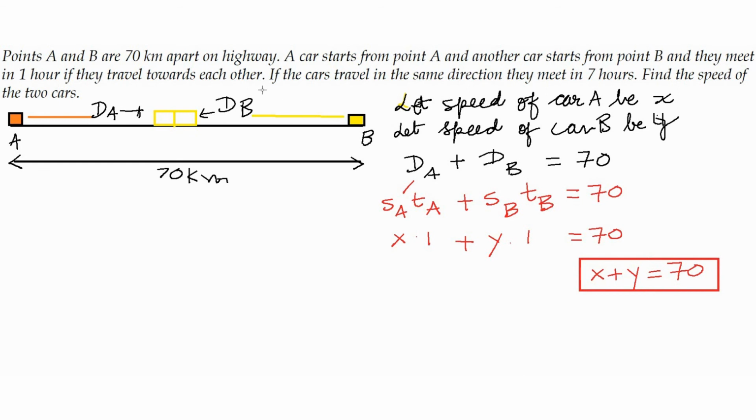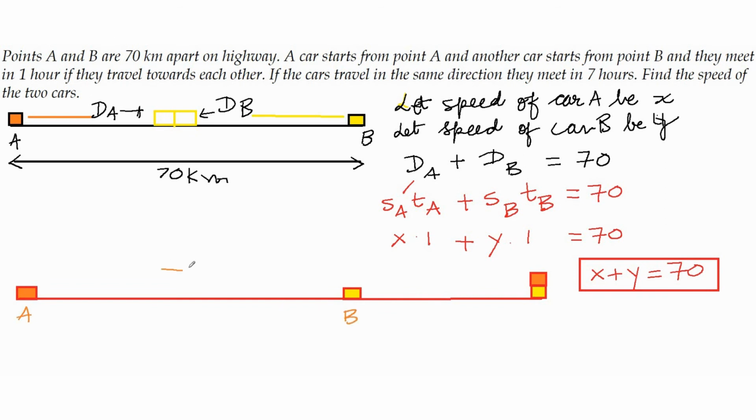Now, let us look at the second condition that is given. Suppose the cars travel in the same direction. So let me draw a diagram again. So now I have car A which starts from here and car B starts from here, and they move in the same direction. That is, assume that they both move rightwards. Then they will meet each other after 7 hours. That is given to us, right?